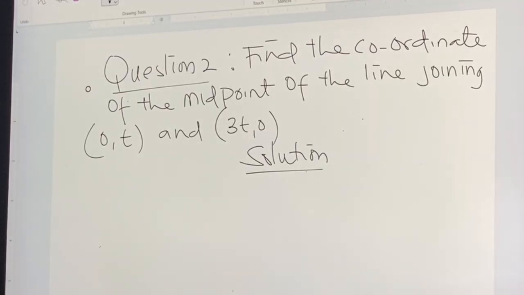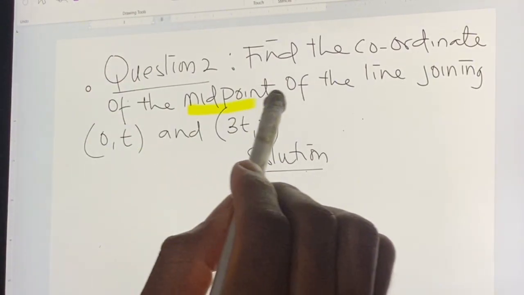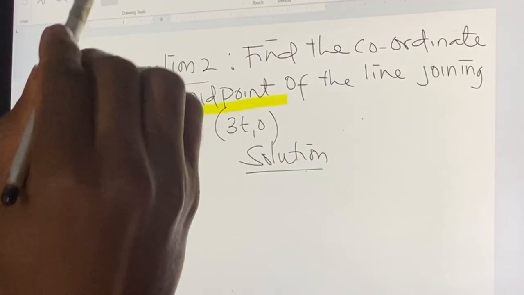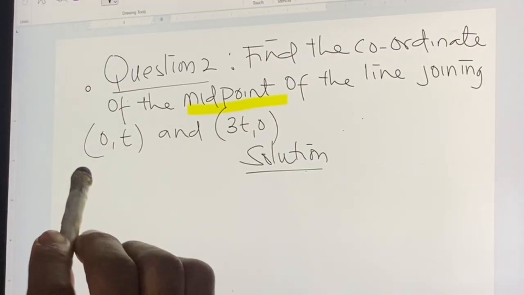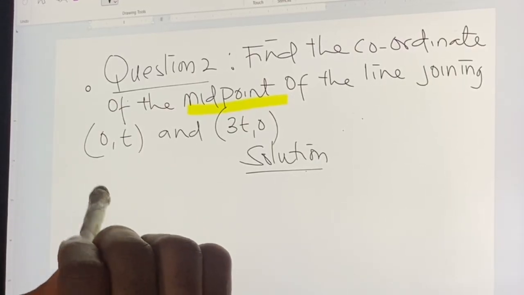Solution: the first thing to do is to write down the formula for the midpoint of the line between 2 points.